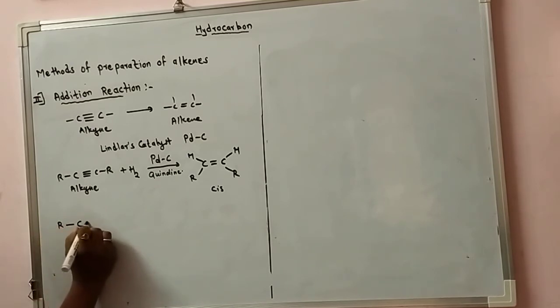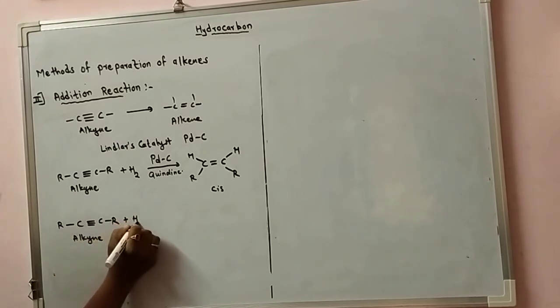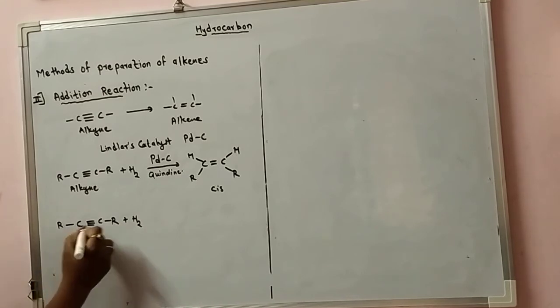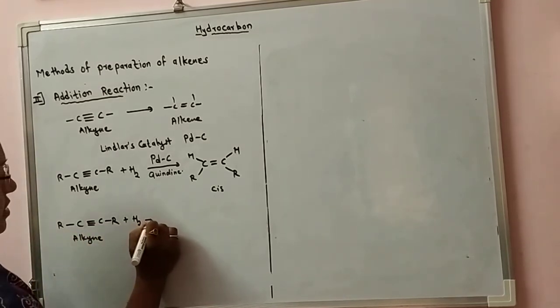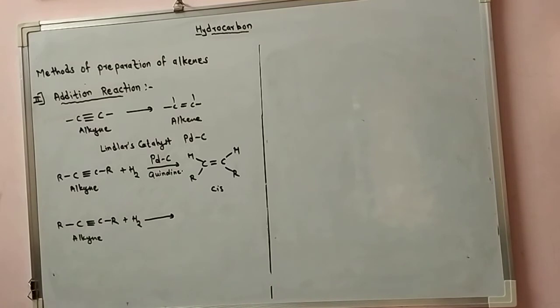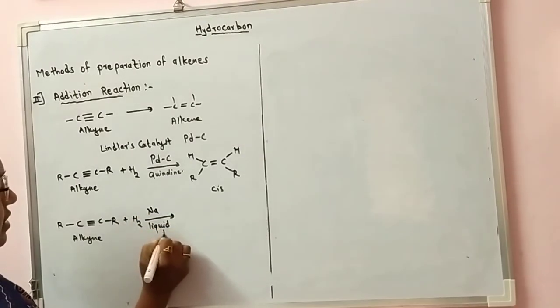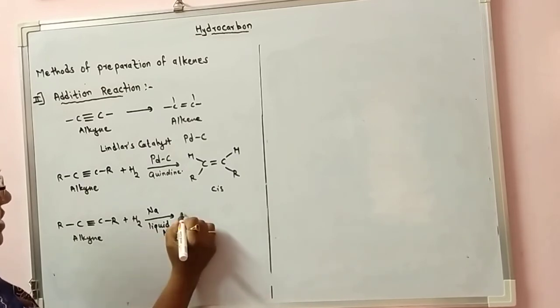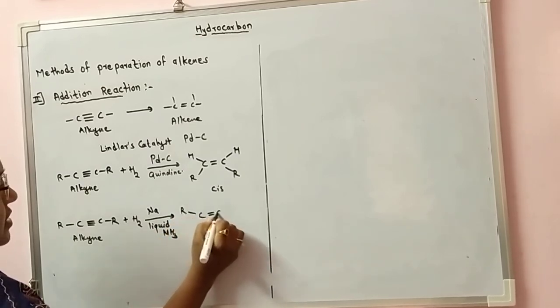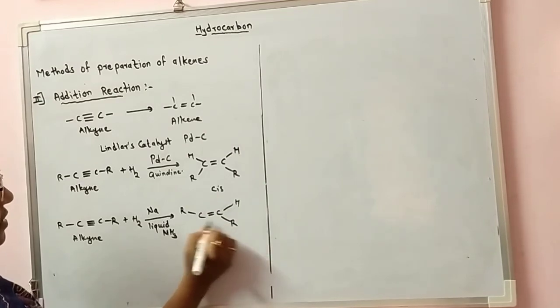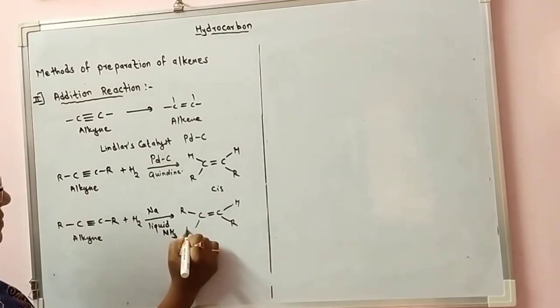The starting compound is the same alkyne, but to get the trans alkene, here also there is addition of hydrogen across the carbon-carbon triple bond, but the reagent used is sodium in liquid ammonia, and it gets converted to the trans alkene.